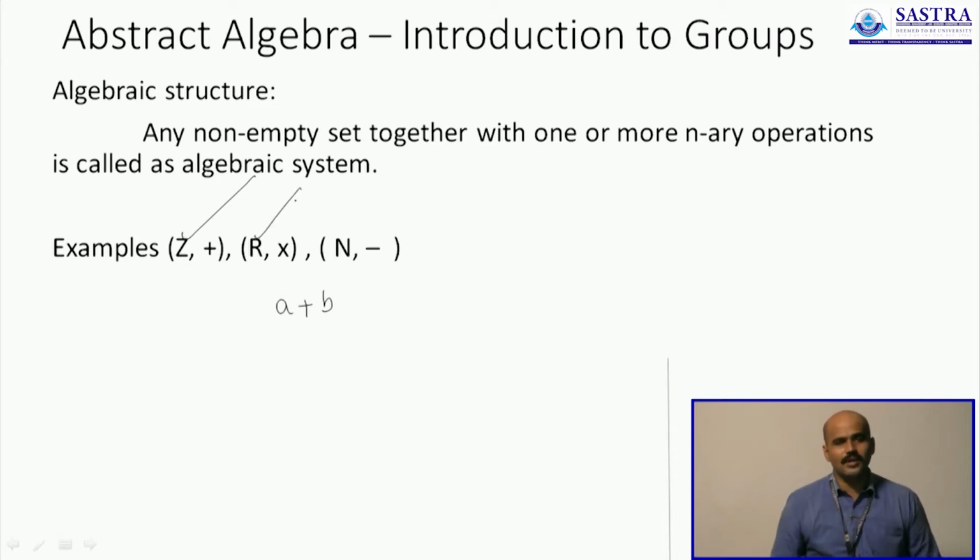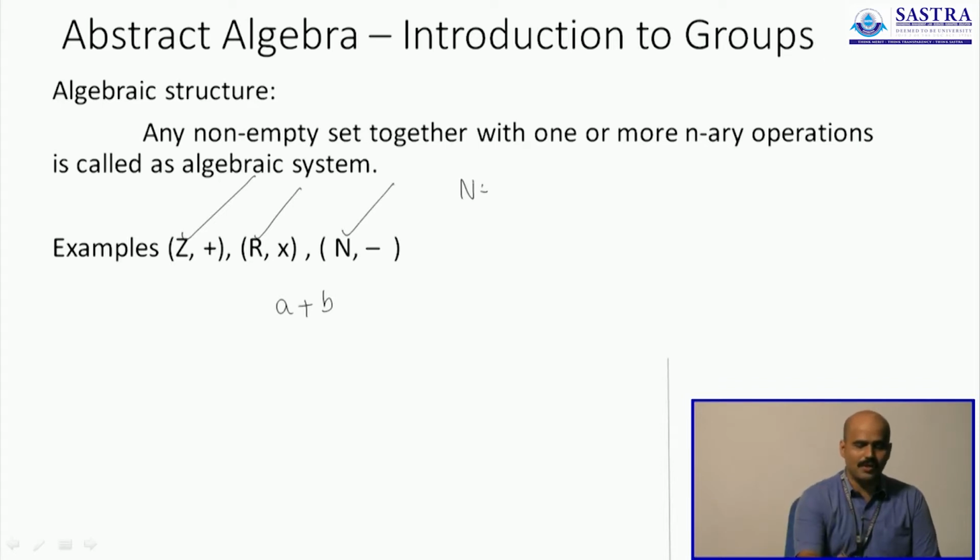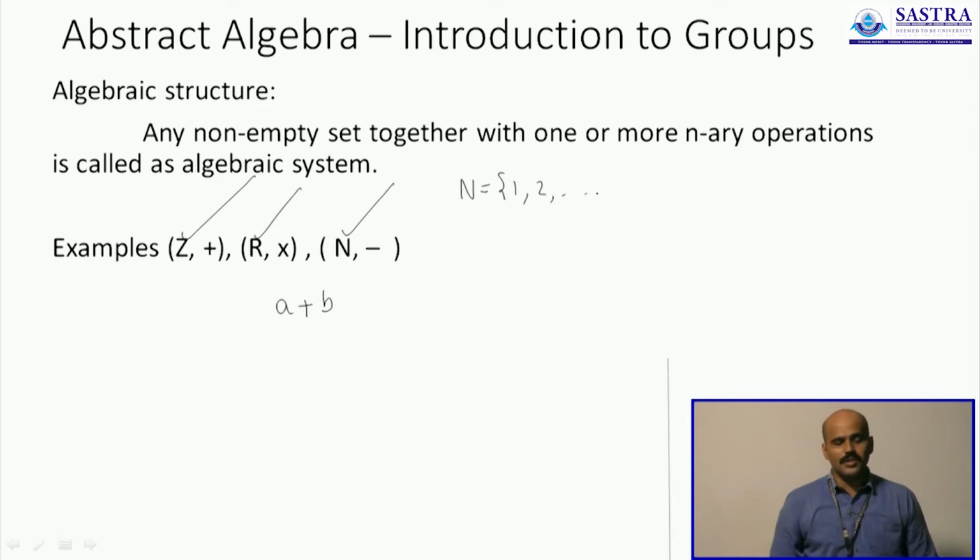Multiplication once again needs 2 operands to be completed. And the set of all natural numbers, which begin with 1, 2, 3, precisely the set of all positive integers, together with subtraction. These 3 can be quoted as examples of algebraic systems or algebraic structures.